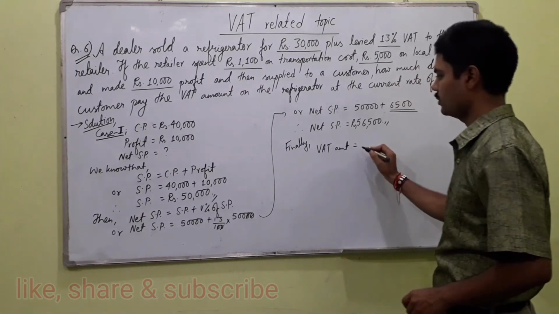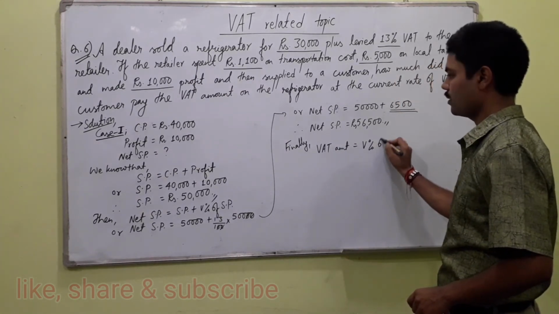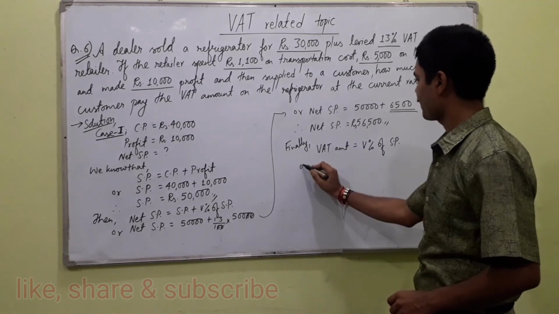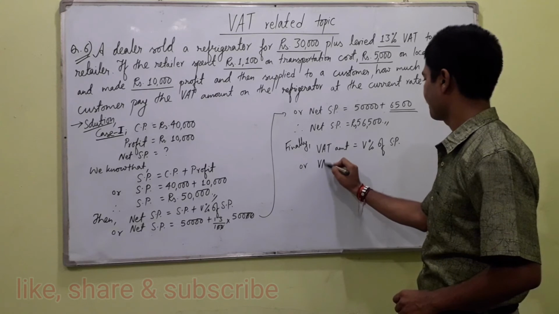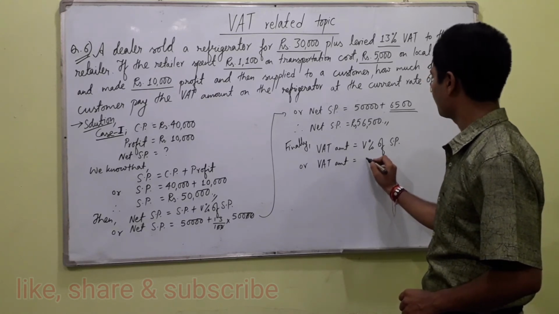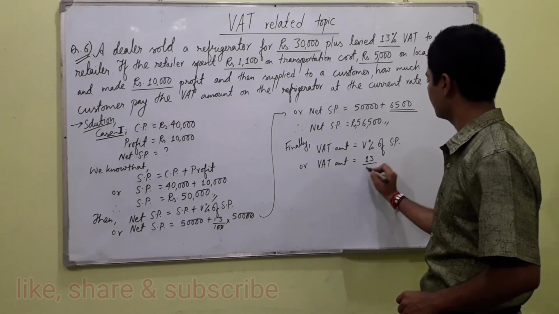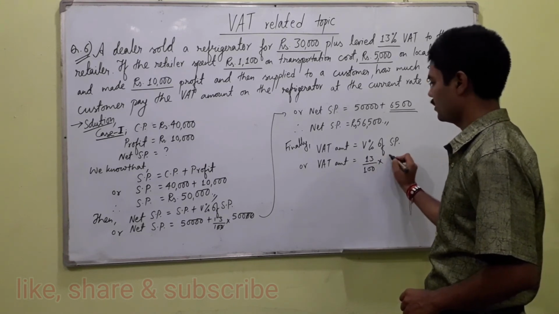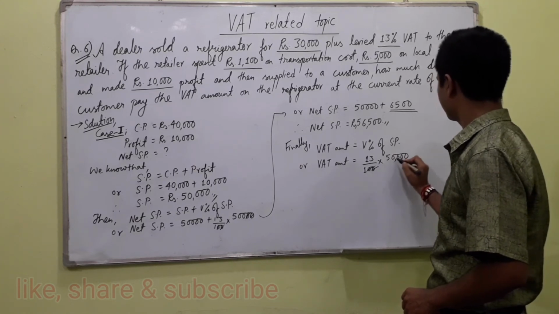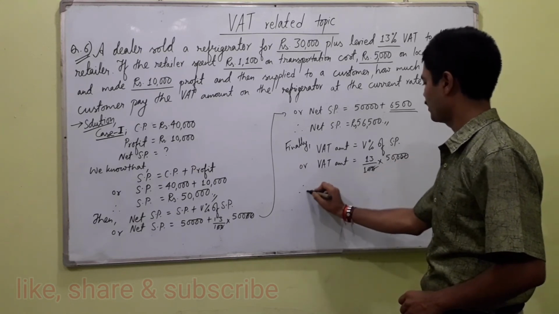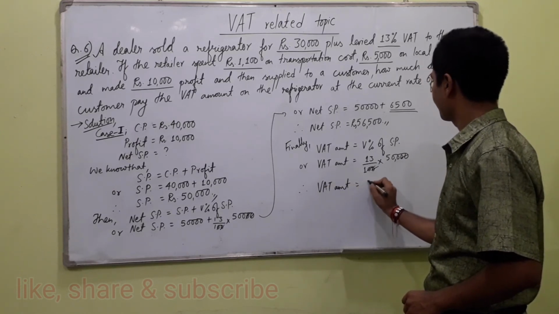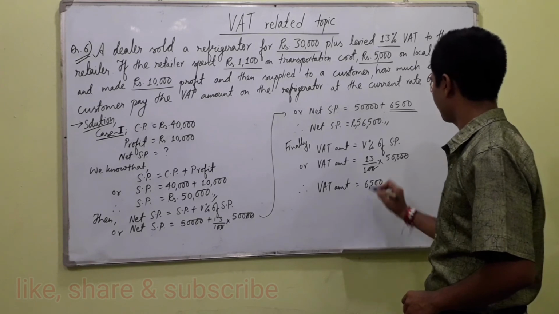VAT amount is equal to VAT percent of selling price, or VAT amount is equal to VAT percent 13%, 13 by 100 into 50,000. Two zeros cancel. Therefore the VAT amount is 6,500.